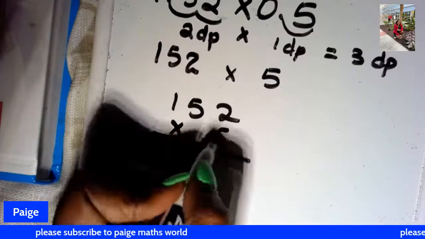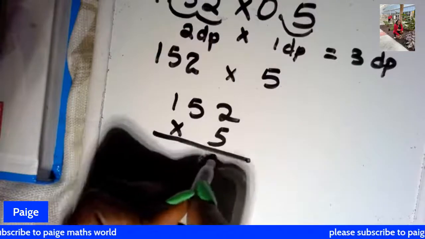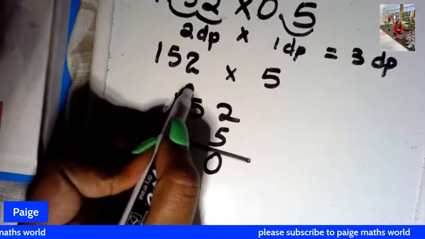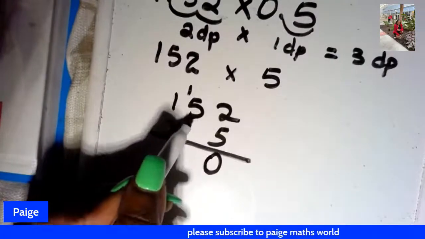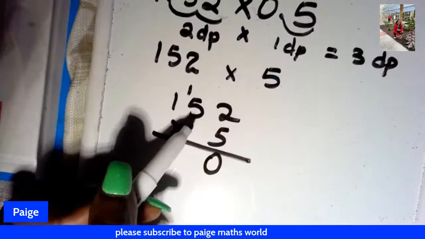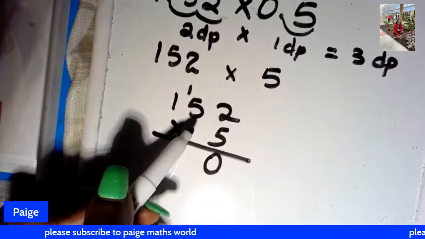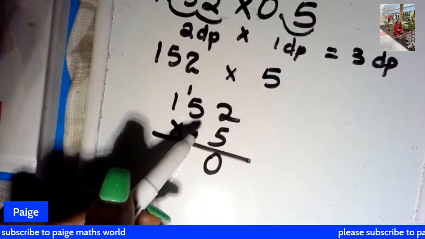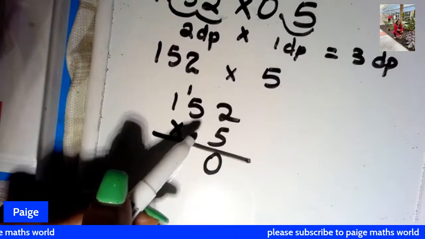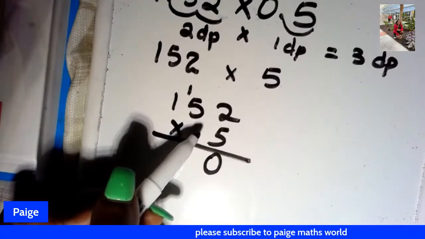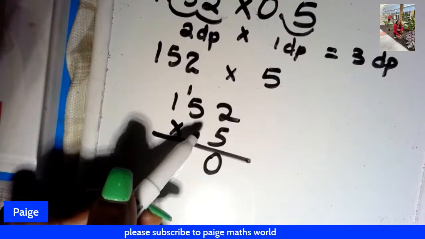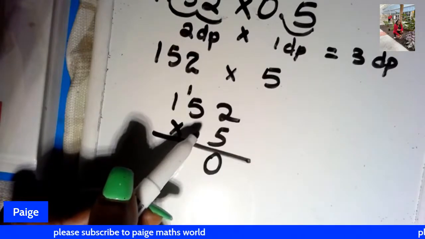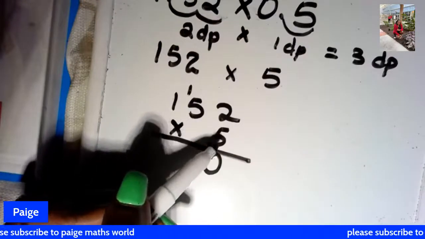Yes, thank you. 10. So when you get your 10, you're going to put your 0. You're going to add 1 to your next number in line. And so 5 times 5 is what? 5 5s, 25.